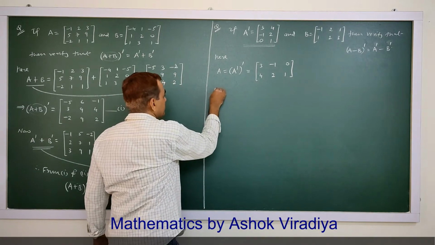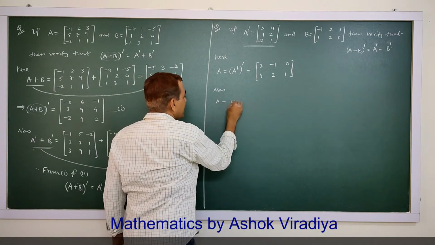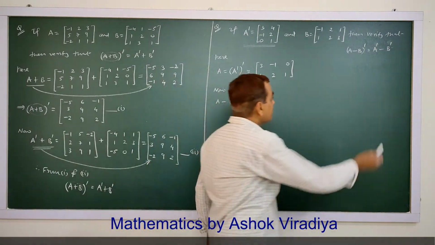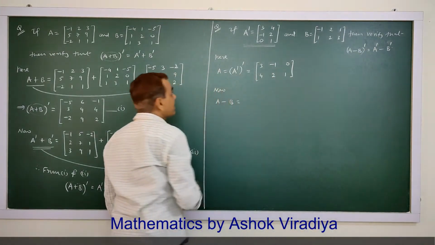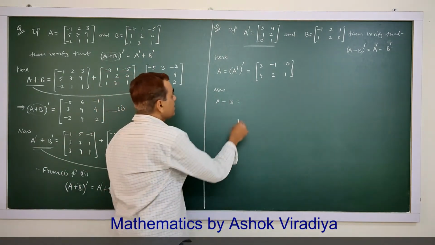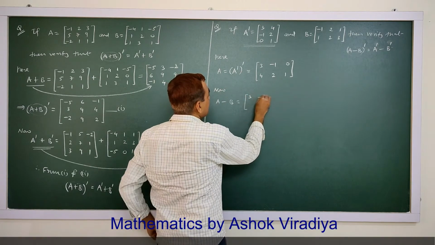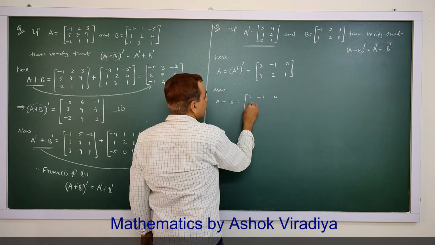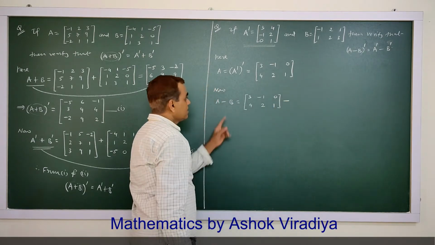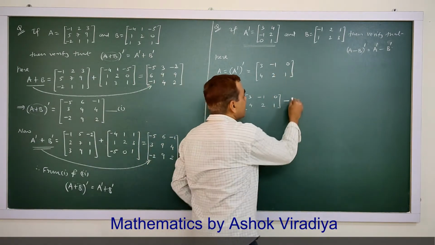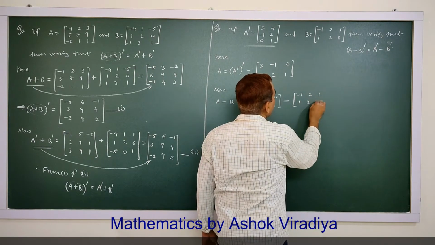Now, to verify this, first of all, we find A minus B, the difference of these two matrices. A minus B. A is 3, minus 1, 0, 4, 2, 1, minus B, which is minus 1, 2, 1, 1, 2, 3.